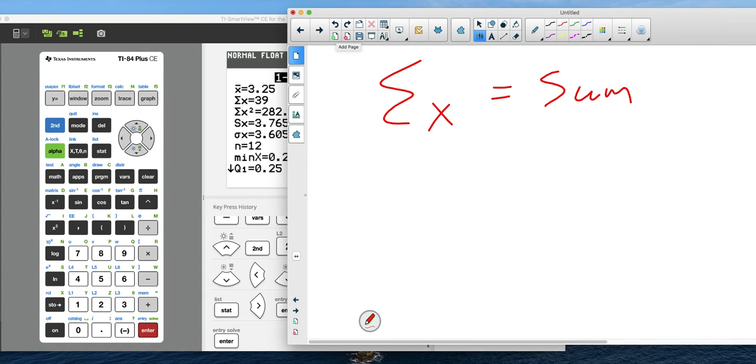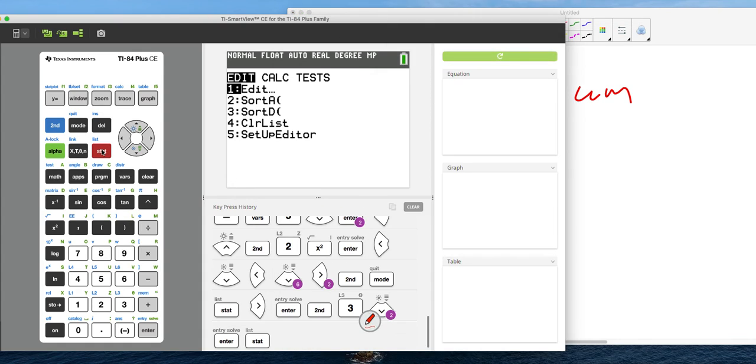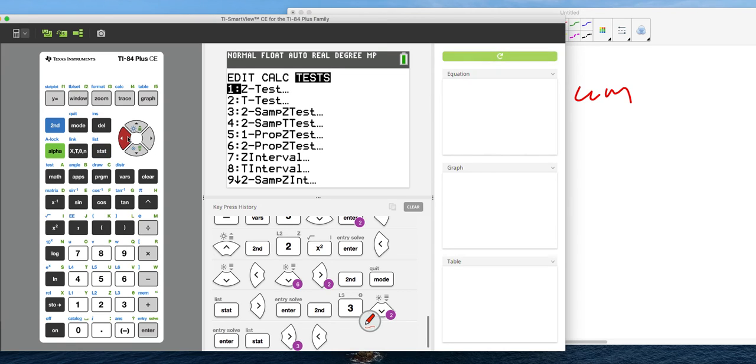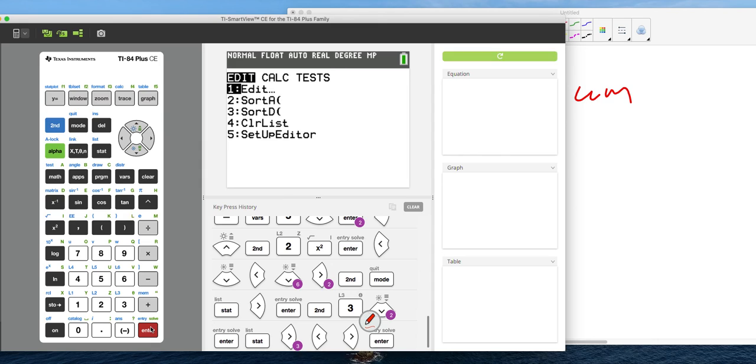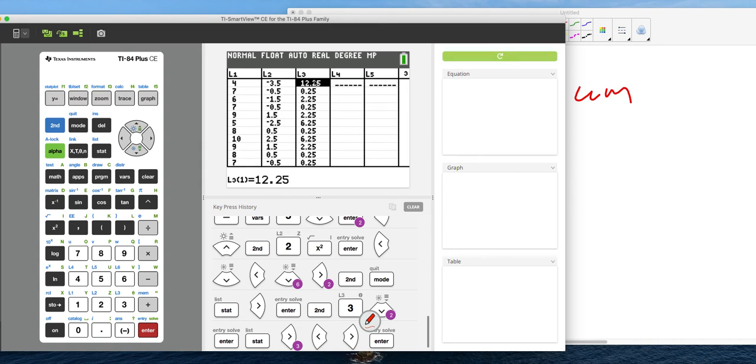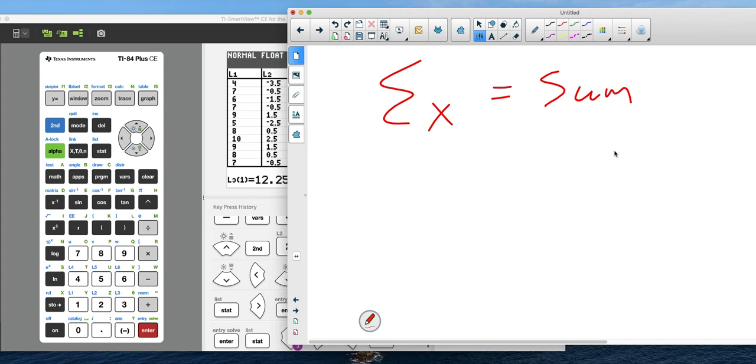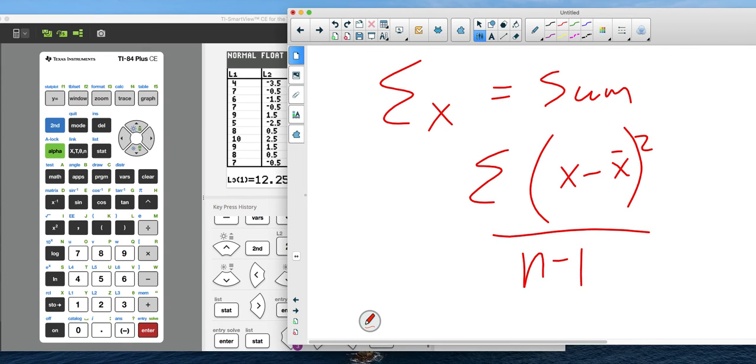We want the sum of the squares. So this whole column right here is those squares. To find the variance for this, it's the sum of the squares, which was the sum of x minus x bar squared, divided by n minus 1.